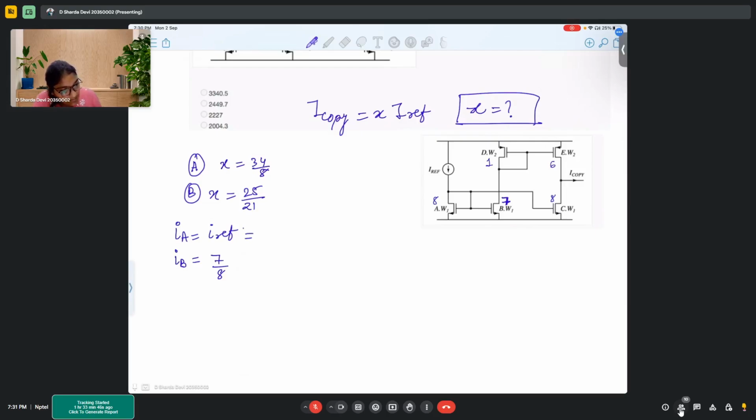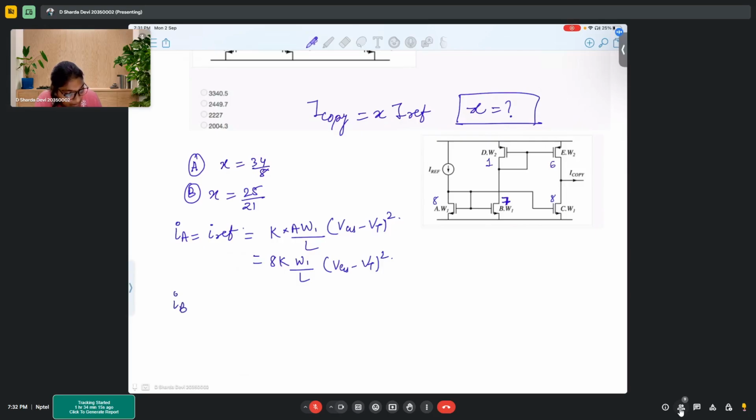For easier understanding, maybe I should not use short bits. I equal to IREF will be K 8 W1 by L, VGS minus VTH whole square. So this is K 8 W1 by L, VGS minus VT whole square.